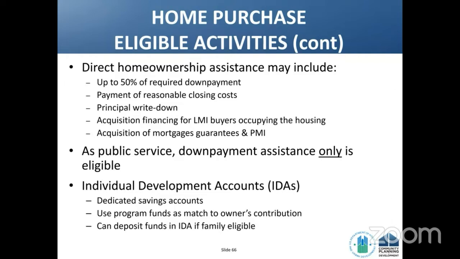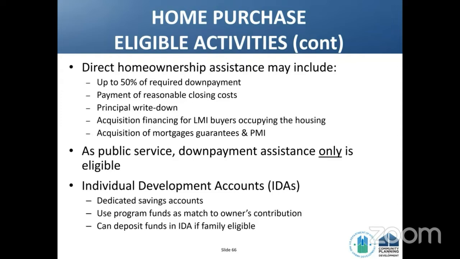You notice the word required down payment. It's not what you want to give or what the person wants to put down. It's whatever the seller is requiring as a down payment. Half of it can be paid with CDBG funds, and it'd be up to the person to secure the rest of it with another funding source.